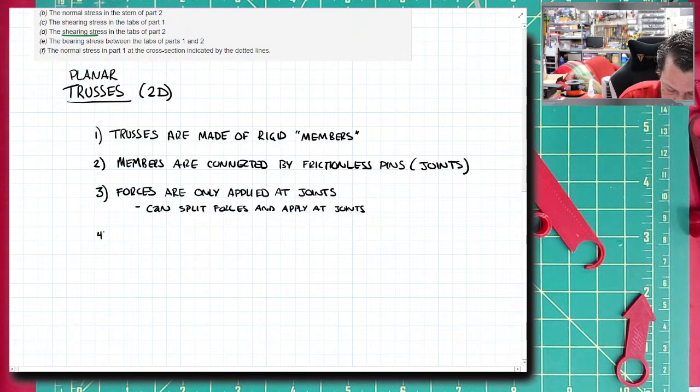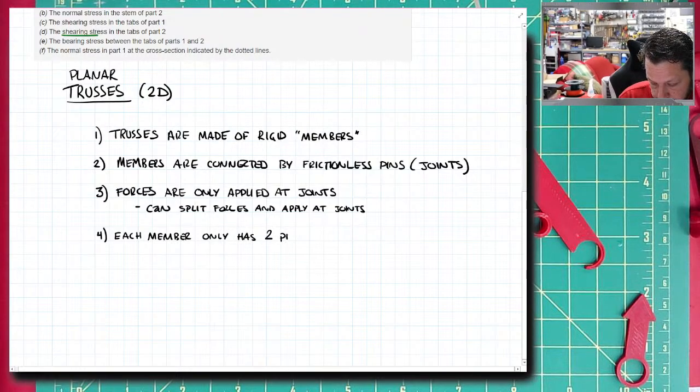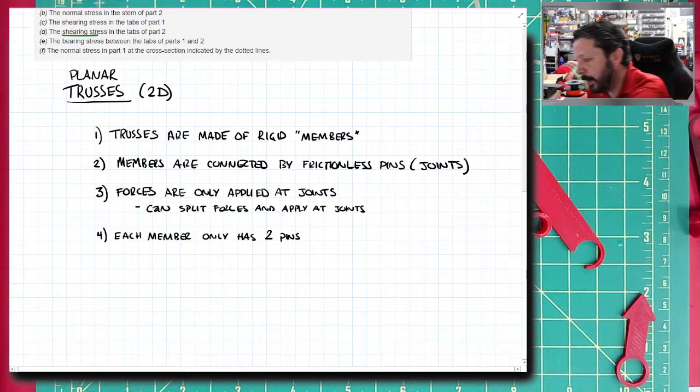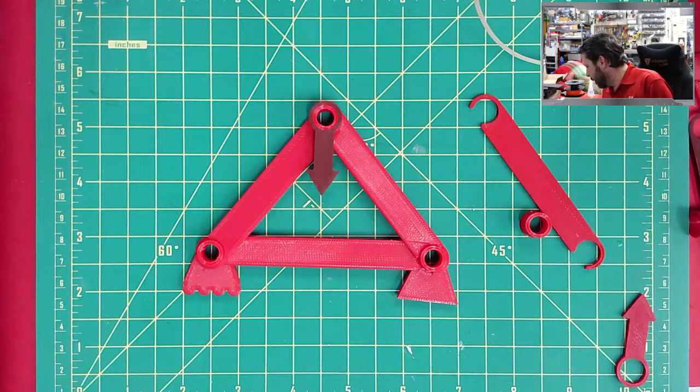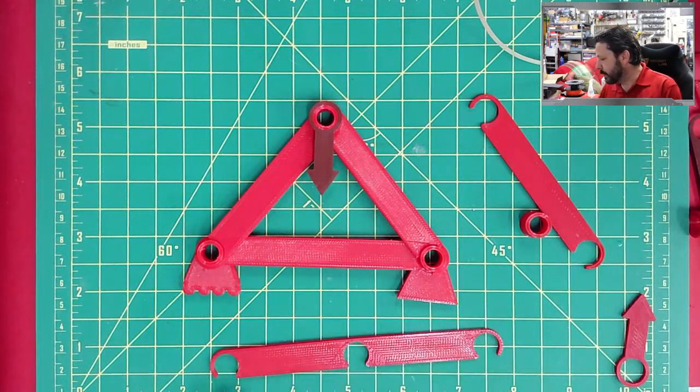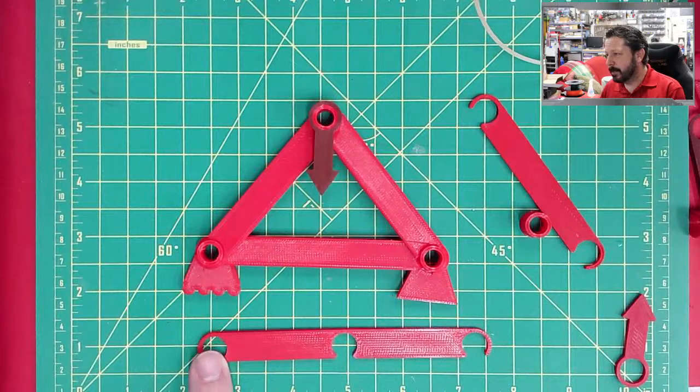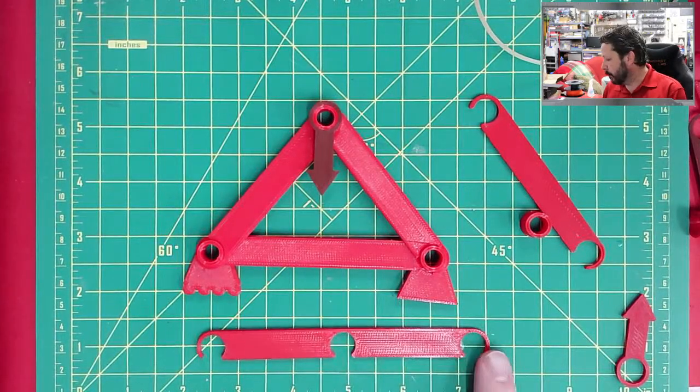That brings up another point, or implies another point. Each member only has 2 pins. So I don't have any member that has 3 pins like this. So this piece has a pin that would go here, and a pin in the middle, and another pin over here.